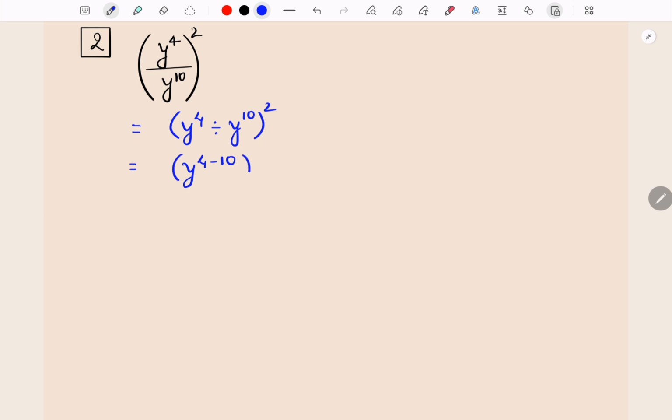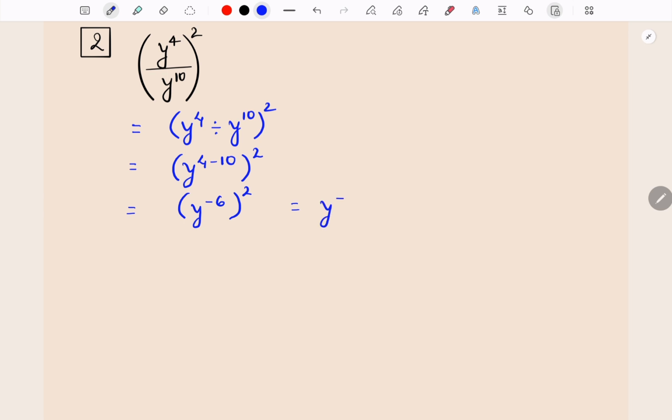And there I have the square present outside the bracket. So y to the power of 4 minus 10 is minus 6, and then the bracket and the square that is present outside the bracket. Now we have a very typical case of power of a power.